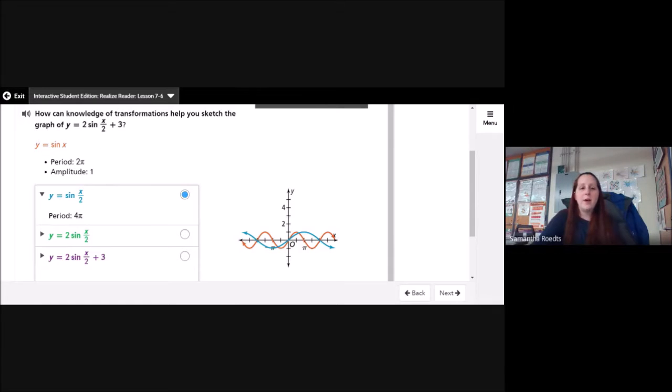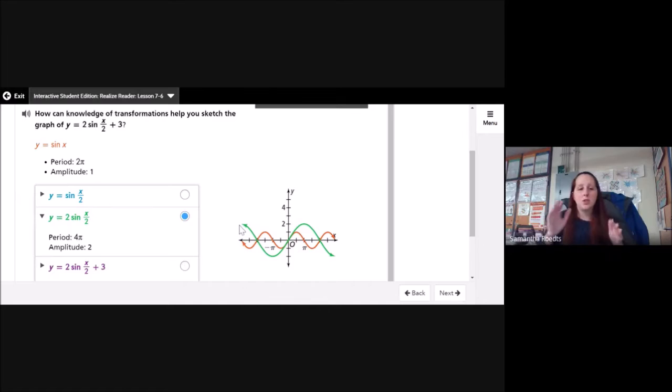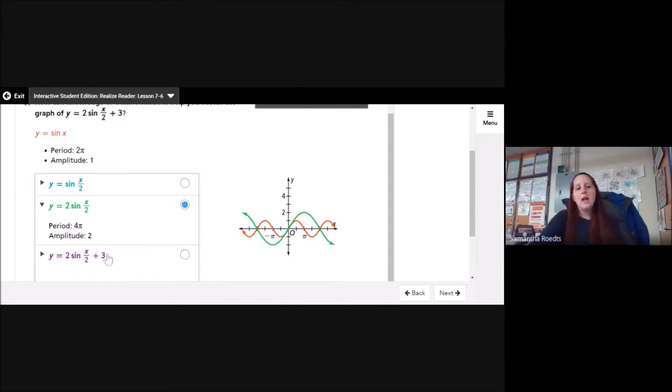So 2 pi divided by 1/2, which is right in front of the x, would give me 4 pi. The 2 out in front, remember, changes my amplitude to 2. So I went from this blue to the green, which kept it stretched out but just made the amplitude taller. And then this plus 3 tells me that I'm going to move that graph up 3 units.